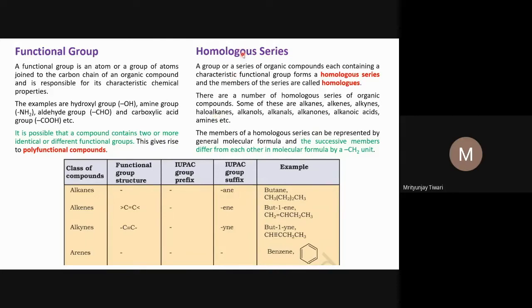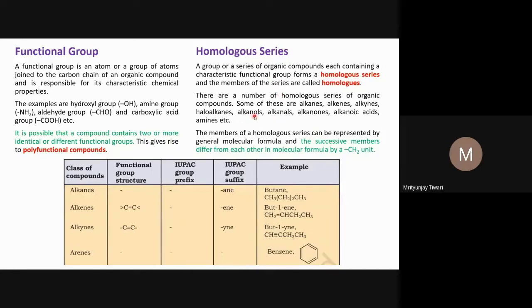So haloalkanes will have homologous series. If fluorine is there, one homologous series. Chlorine is there, another homologous series. Bromine is there, another homologous series. If iodine is there, it will be another homologous series. If one chlorine is there, one homologous series. If two chlorines are there, there will be another homologous series. So based on their numbers, one can also define different homologous series.